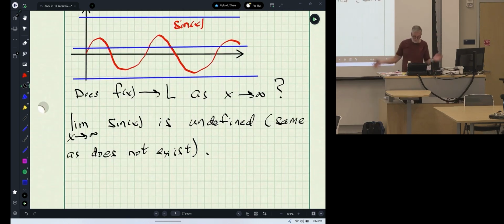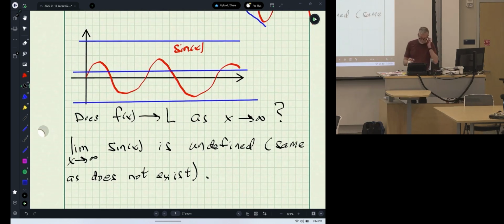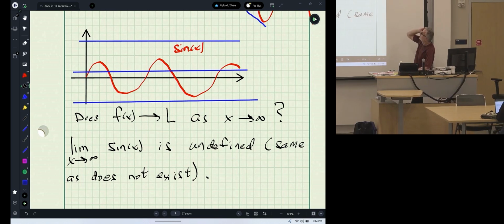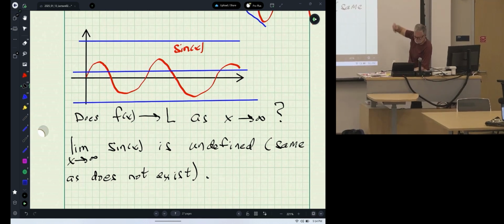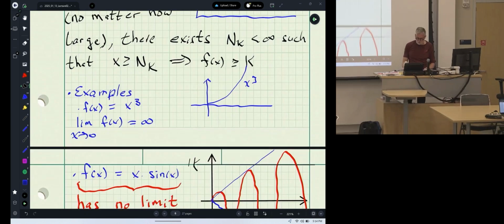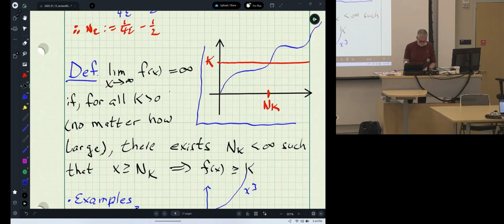Okay, and how do we reach that conclusion once again? It's because we know what it means to have a finite limit. You get close to a value, and then you stay close to it as x gets bigger and bigger. You don't deviate more than our given level of precision, epsilon, or the function has a limit that is unbounded and is infinity if no matter what level we draw, the function gets above it and stays above it.